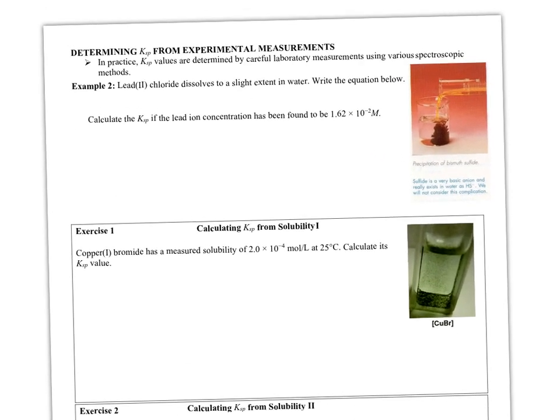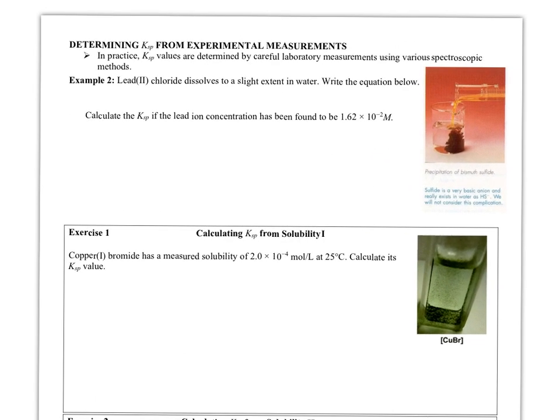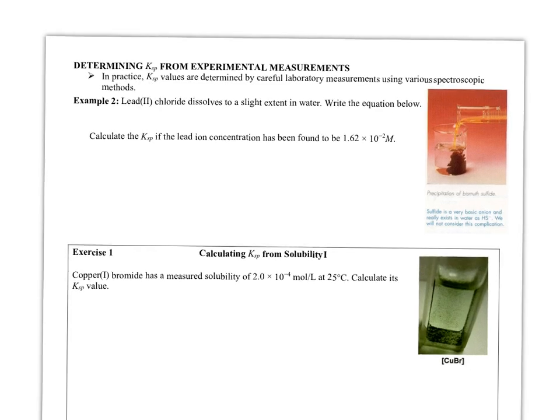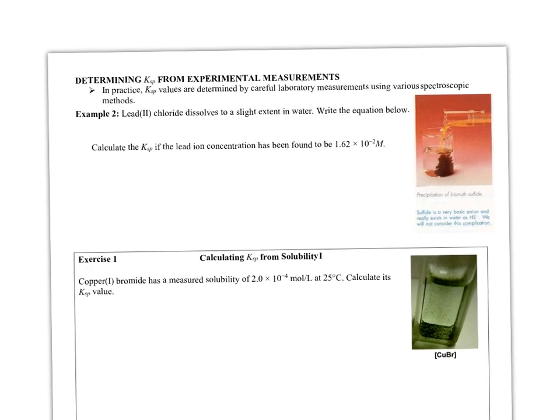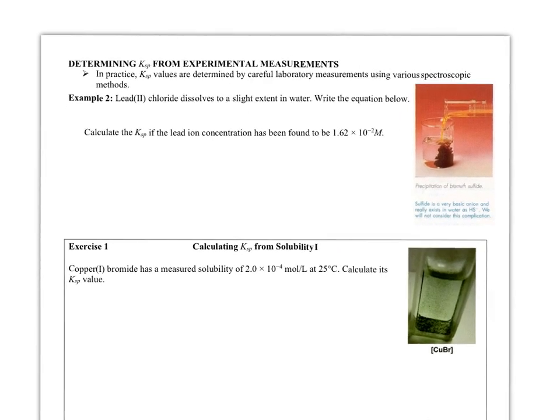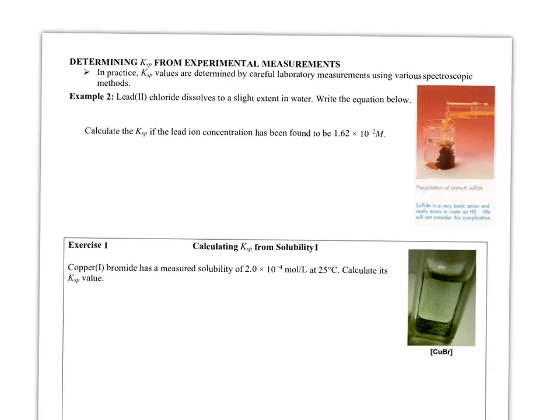Okay, so let's get into determining our Ksp from experimental measurements. All right. I can't get this to go straight, I'm sorry. It's all jacked up. Okay, when we are given experimental measurements, Ksp values have been given to us to use because scientists have found those using careful laboratory measurements with a lot of different methods.